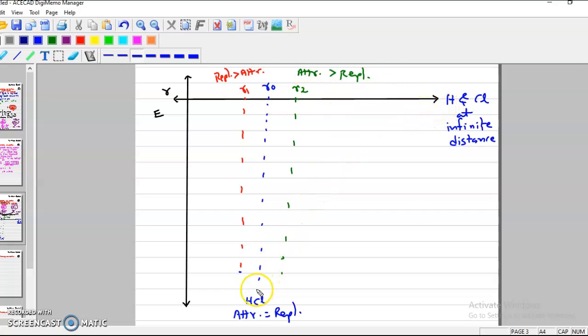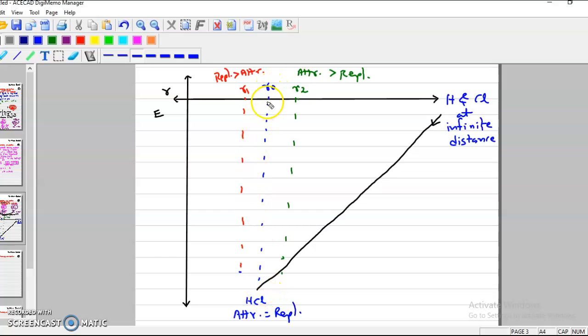So this may be the distance where force of attraction is equal to force of repulsion, and this graph for hydrogen and chlorine begins from here and reaches this distance where attraction is equal to repulsion, and this is R0 distance.